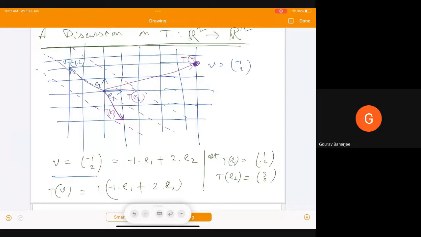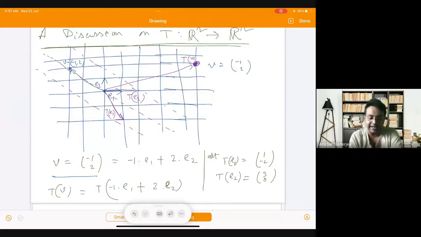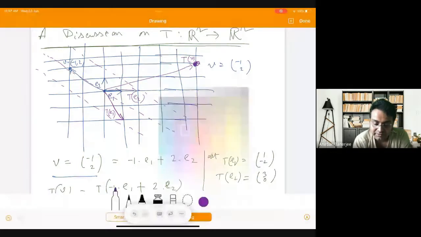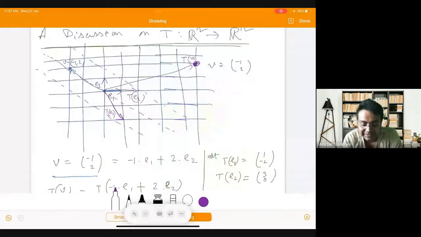Sir, actually, you should have shown TE1 along that dotted line. Right, right, yes. My picture is bad. I should have shown that. Since the initial grid was not very much squared, that's why the problem occurred.